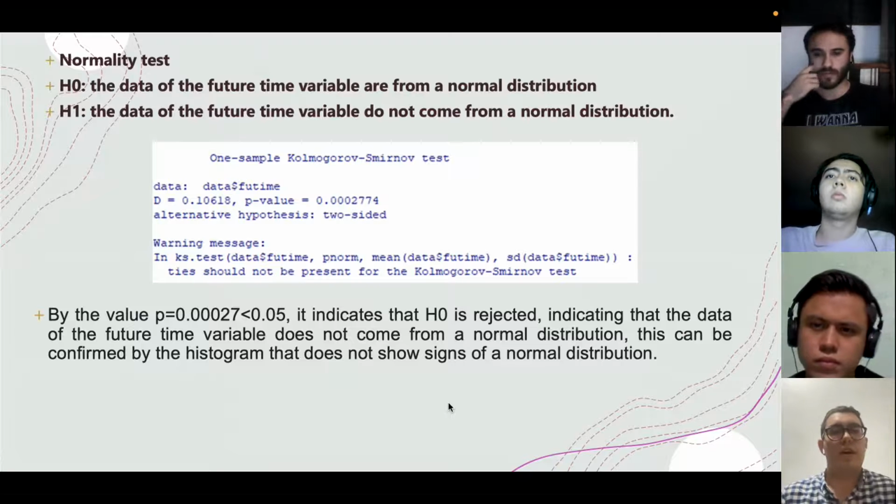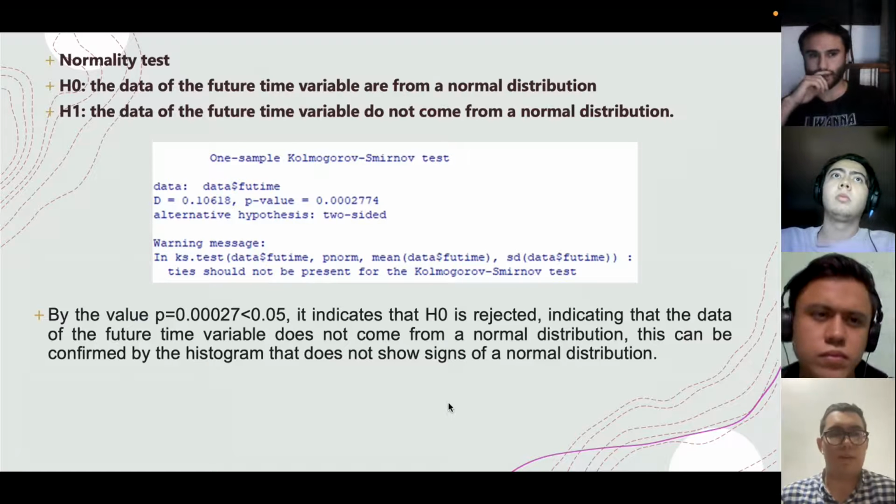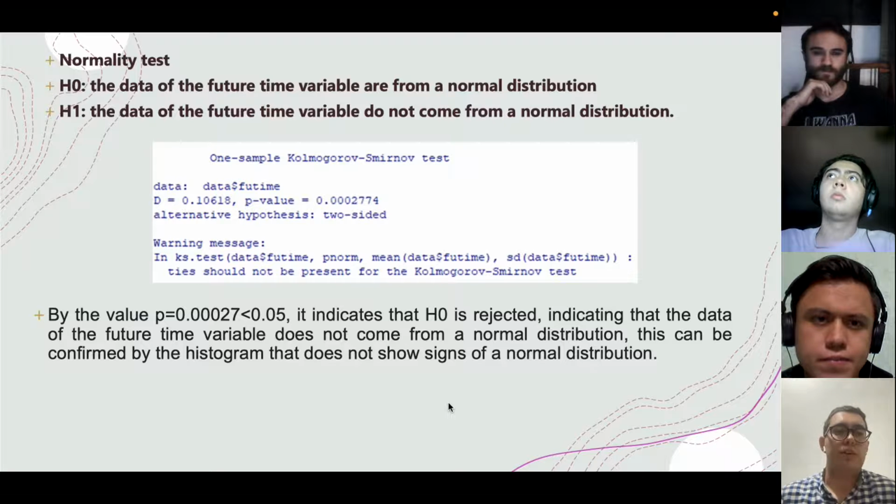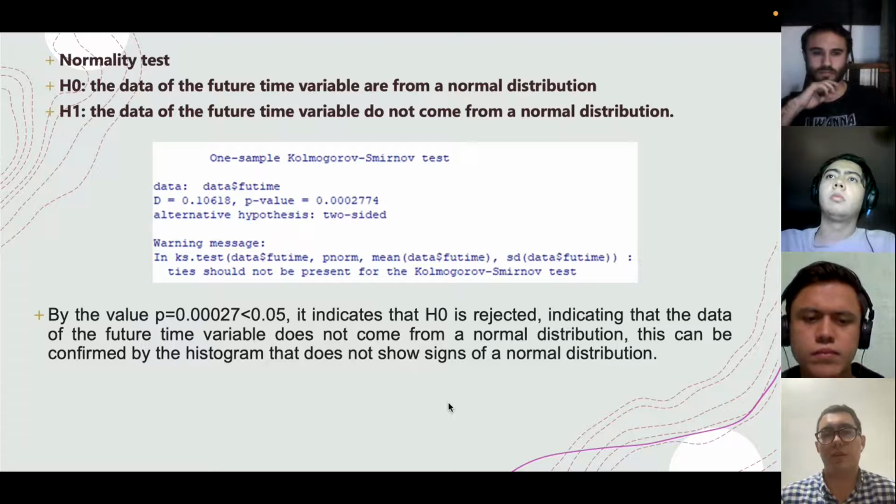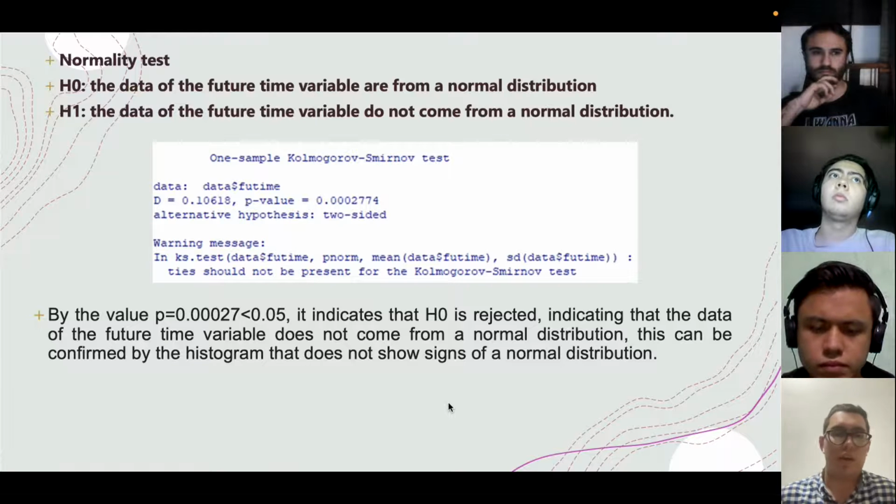For normality, the null hypothesis is that the data of the future time variable are from a normal distribution, but the alternative hypothesis is that the data of the future time variable don't come from a normal distribution.